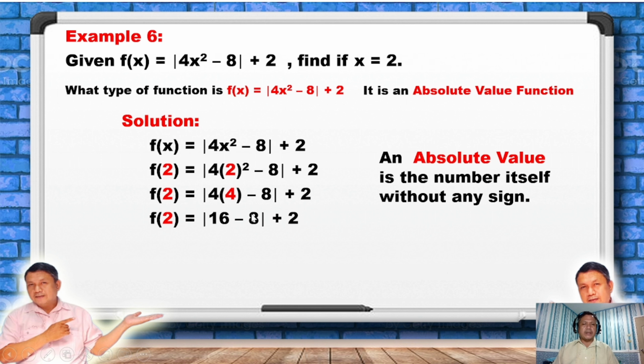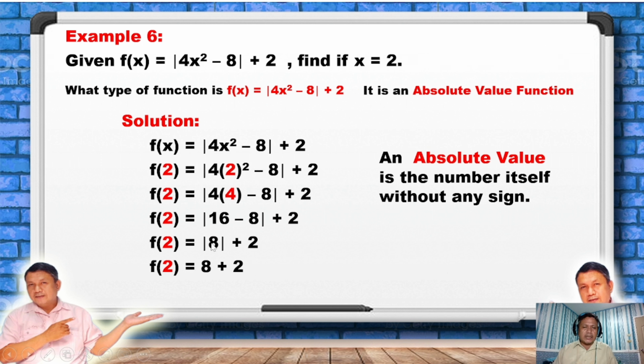Again, isimplify pa rin po natin yung nasa loob pa rin po ng absolute value symbol. And 16 minus 8 is what? Okay, this will become 8. The absolute value of 8 plus 2. Di ba positive to? So, again, kapag absolute value, tatanggalin na po natin itong absolute value symbol at magiging f of 2 is equal to 8 plus 2.